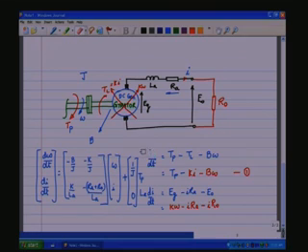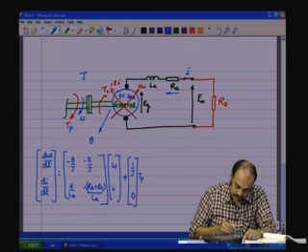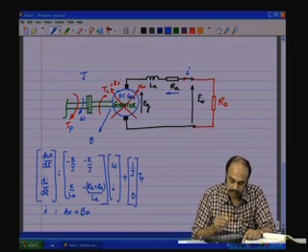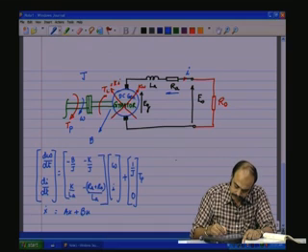So, this is the state equation, the dynamic equation, which is of the form x dot equals Ax plus Bu. Tp is the input, and of course, we could have an output equation, let us say E naught.